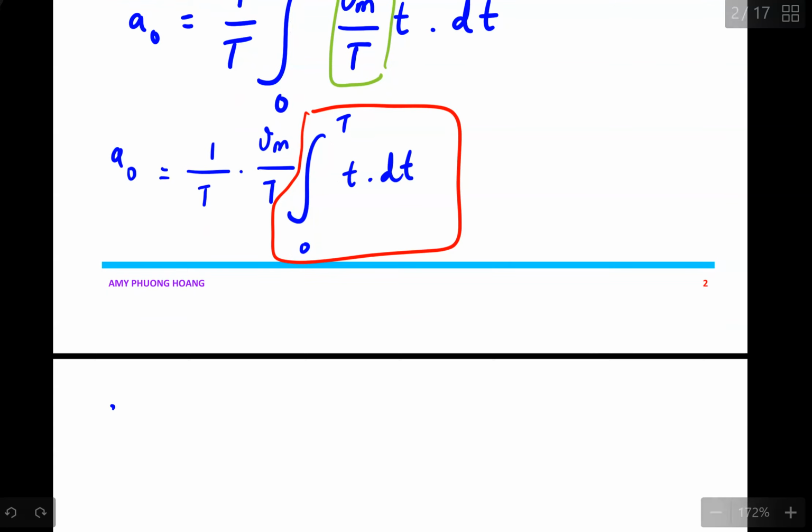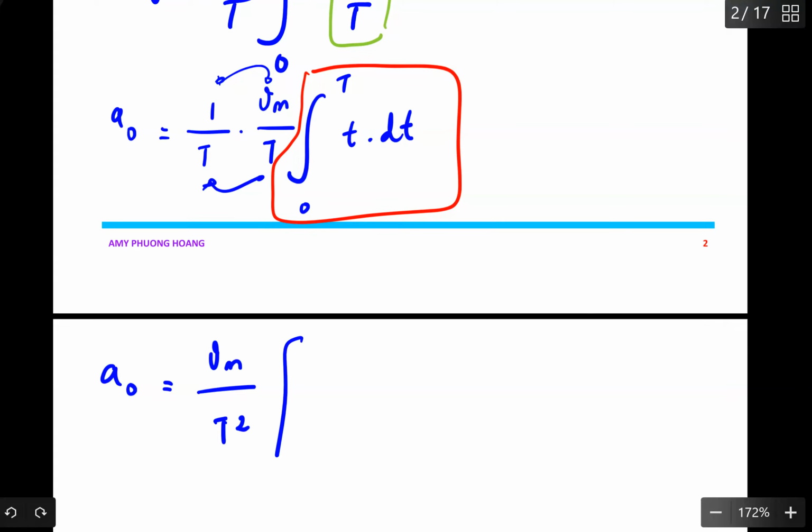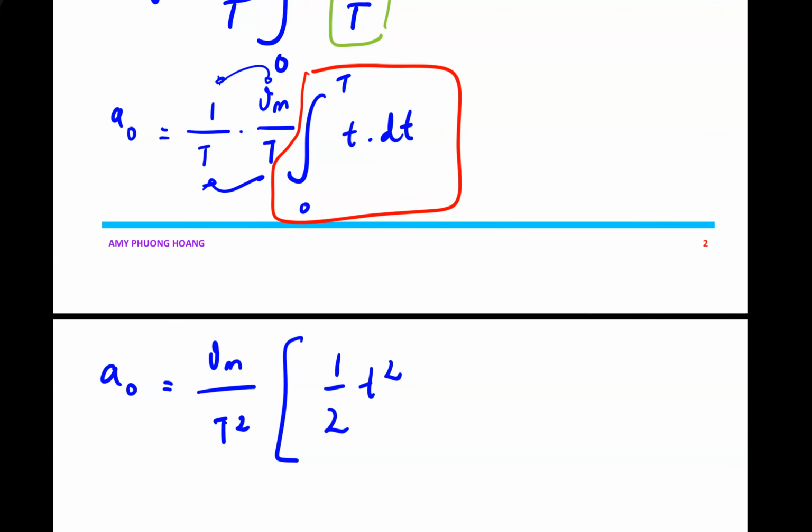So a0 equals Vmax over T squared, because I multiply the two denominators and the two numerators. The integral of t with respect to dt is a half of t squared, and since it is a definite integral, I have to evaluate this from 0 to T.